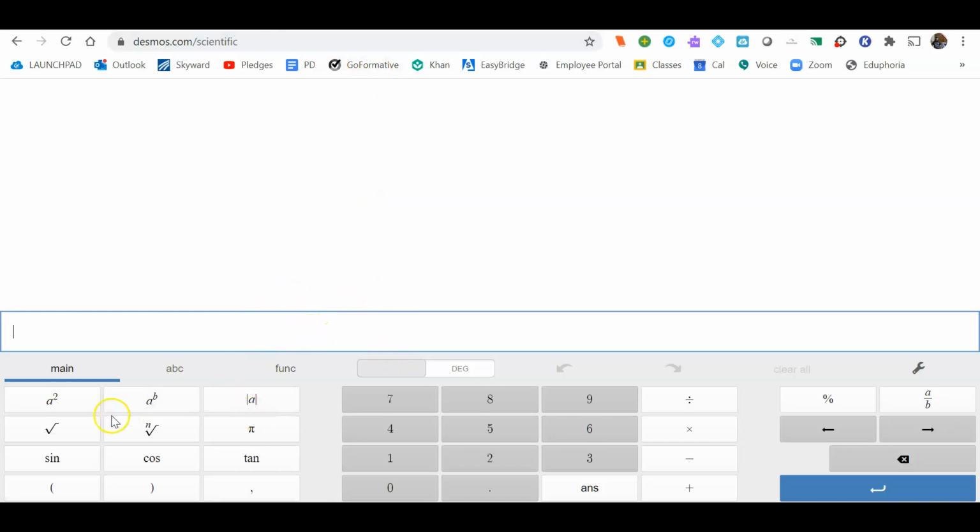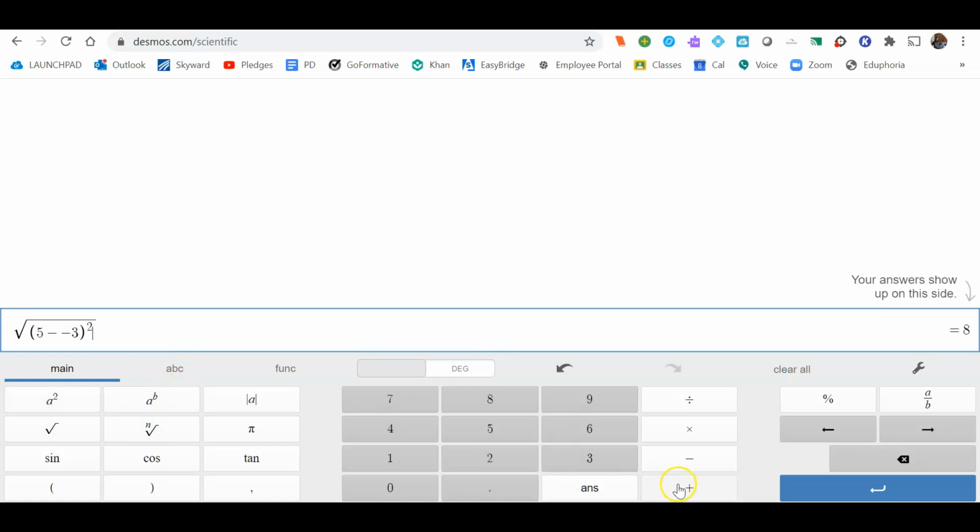And we're going to type in the equation that we were just doing. Over here is a little square root sign. So it's square root, parentheses, 5 minus negative 3, parentheses, squared, plus parentheses 4 minus 4 parentheses, and then the squared again is right here.